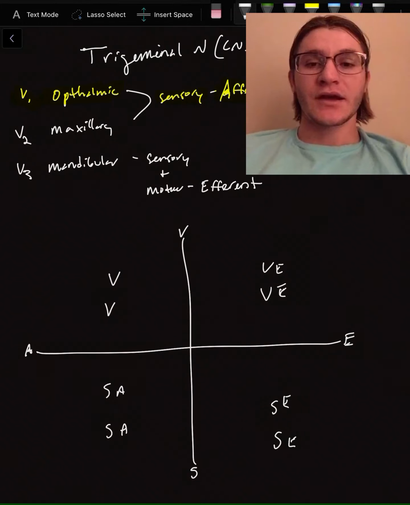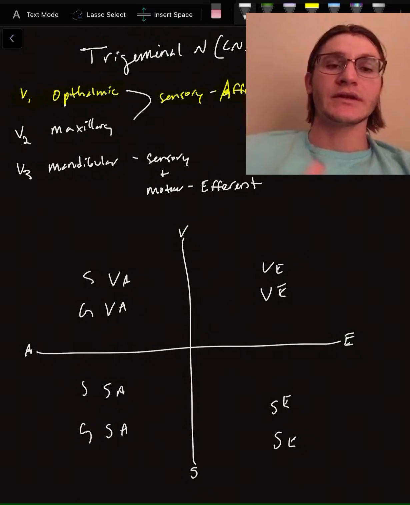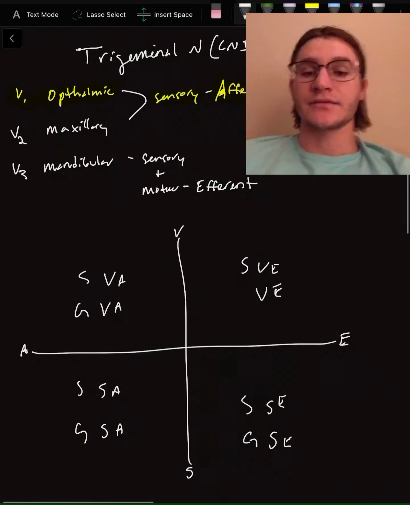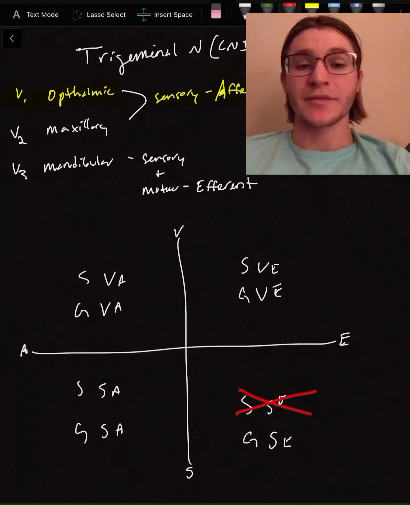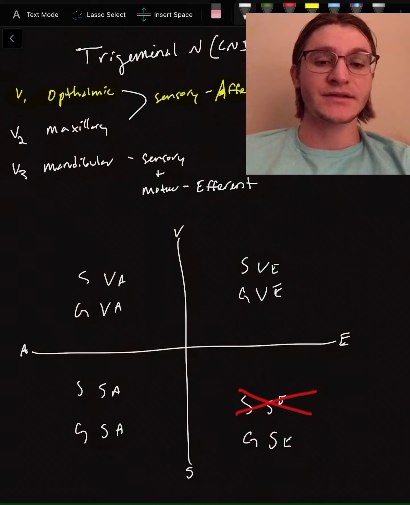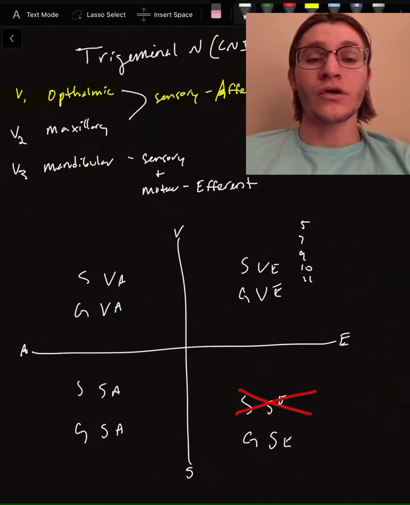Where does that lie? Now that we know that ophthalmic is afferent, we can quickly eliminate the systems that it's not in. So we automatically can cross off our special somatic efferent because that one does not exist. But in reality, we could drop all the efferents.